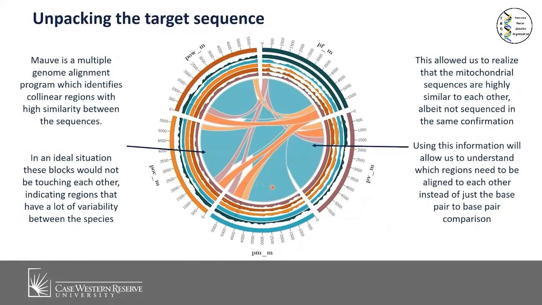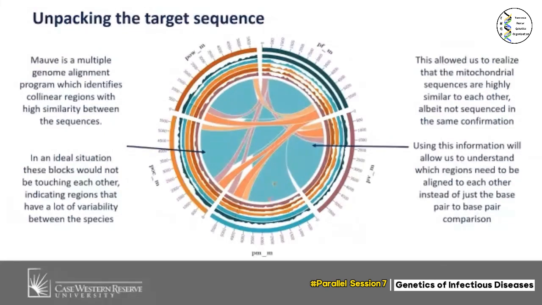And LCBs are just generally these regions that can be considered evolutionarily the same. So what we would want to see in an ideal DNA probe would be that there are regions where these LCBs are not touching each other, because if they don't touch each other, that indicates that there's a space where the parasites are unique enough from each other that it's not evolutionarily conserved.